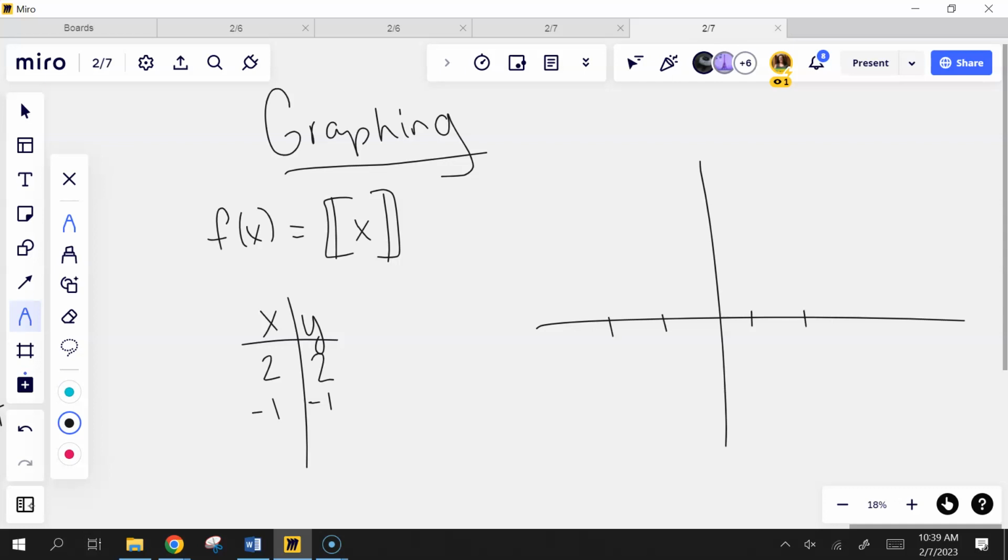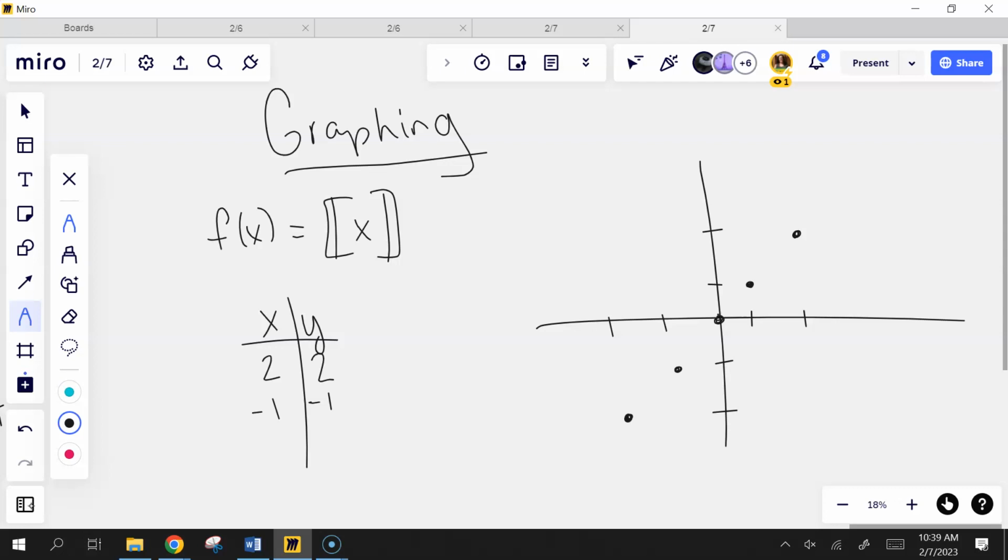And I'm just going to go from negative 2 to 2 here so you can see what's happening. 0, 0, 1, 1, 2, 2. All of these are actually points, right? The thing is, if I plug in an integer, I get that same integer back out.